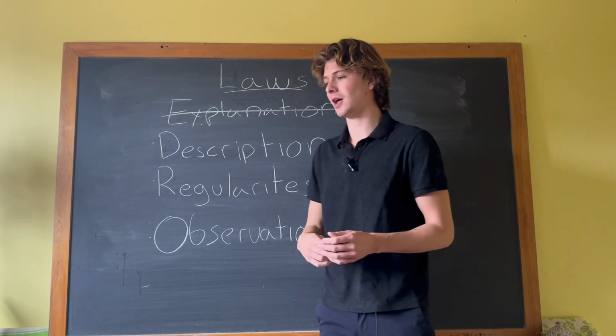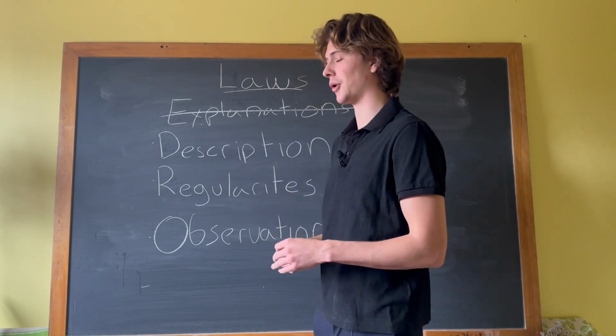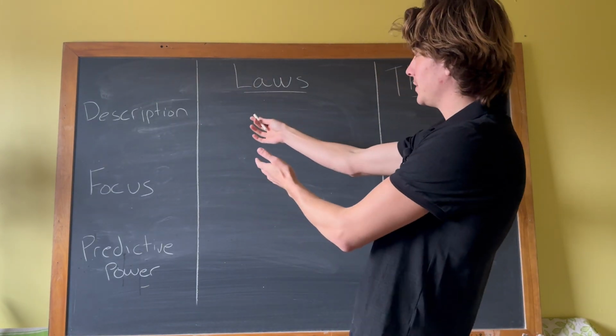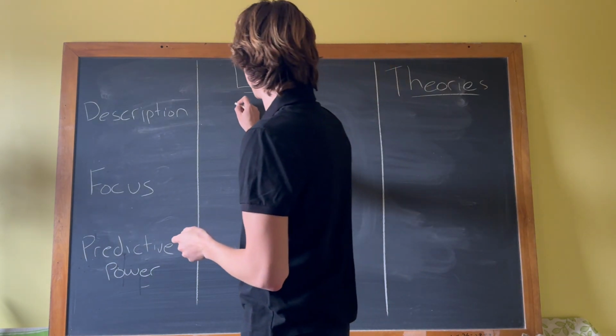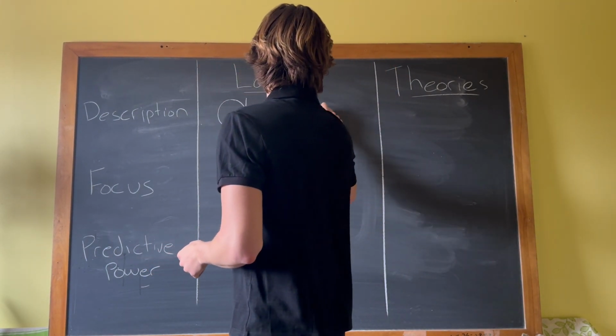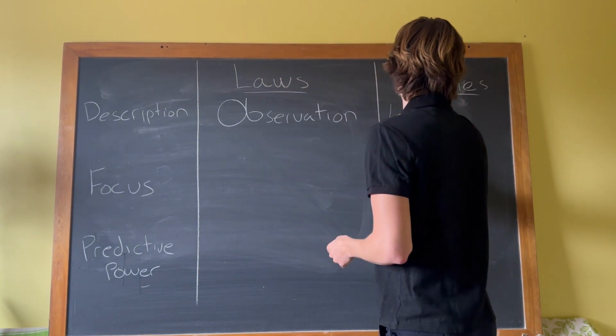So let's compare law to a theory real quick. We'll talk about it a little more. We'll get into models. Okay, simply, what is the description of a law? It is an observation. And a theory is an explanation.